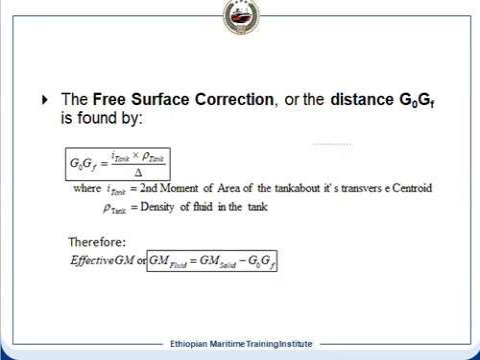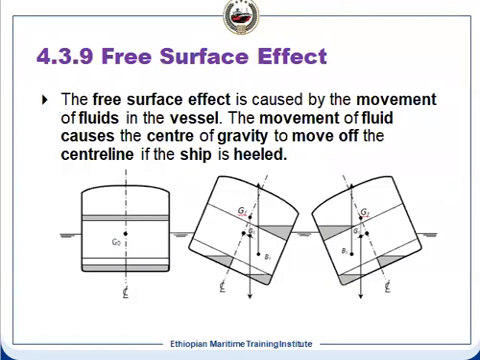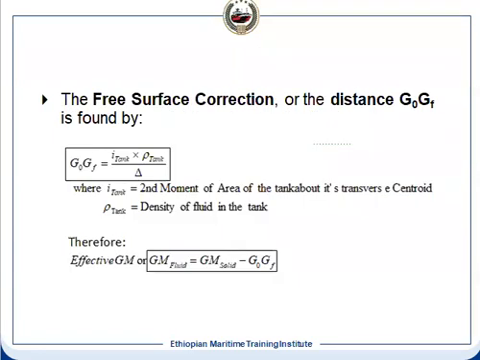When we derive this formula, this is Z0, ZF, that is the initial and final.